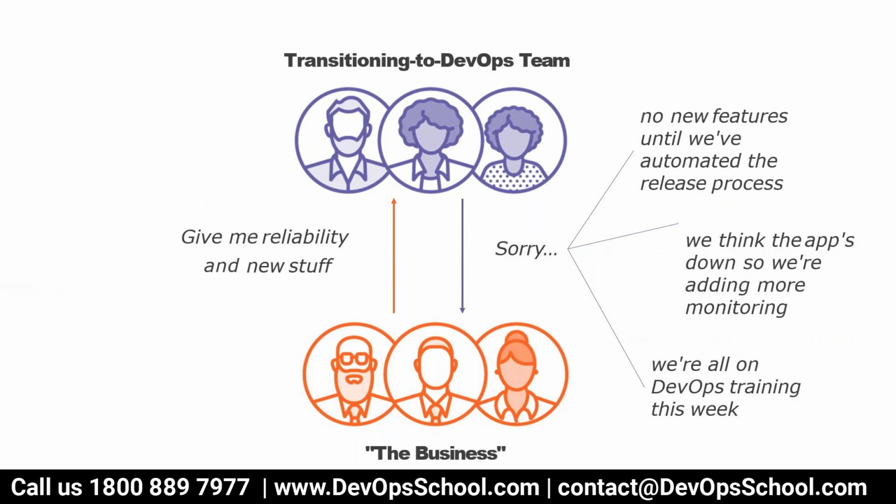Because you are expecting 5 teams like an architect team, development team, testing team, operations team, everyone you are merging into the DevOps team, so they need a little bit of time to adjust. But business wants more features for market competition and all, and new stuff.